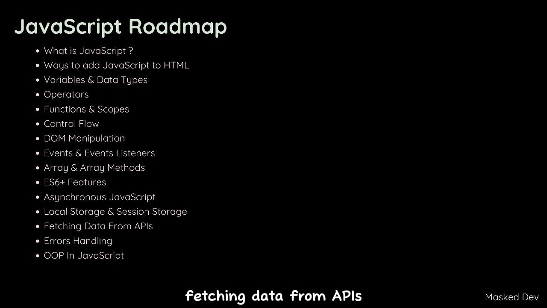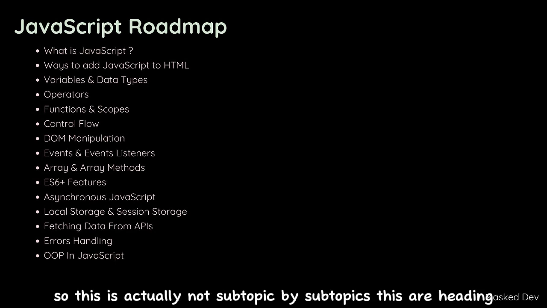Fetching data from APIs. There are APIs where we can fetch data to get some results on our web page, websites, or web applications. Error handling, OOP in JavaScript. This is all we're considering for JavaScript. These are not subtopic by subtopic, they are heading by heading.